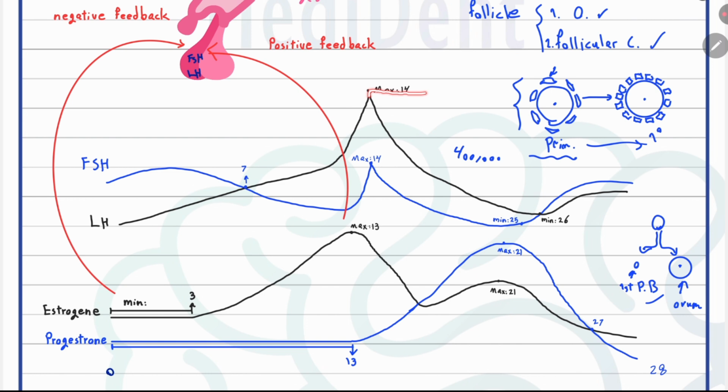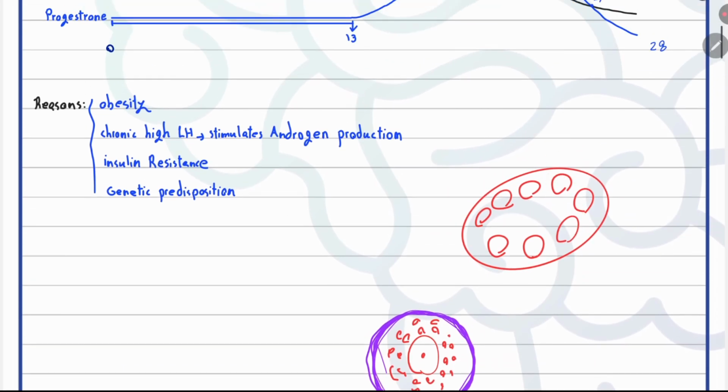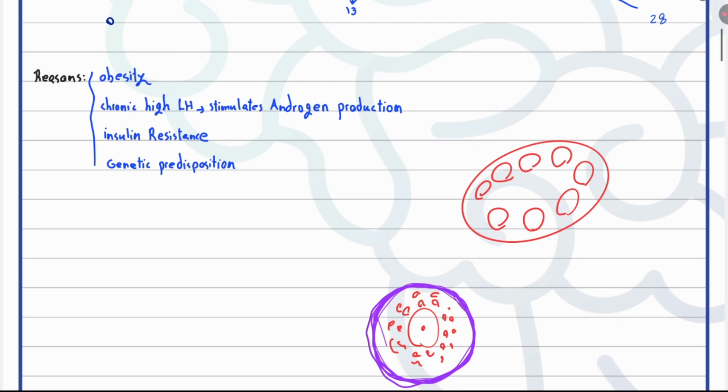We only have a high concentration of luteinizing hormone, but we don't have fluctuation. Fluctuation doesn't take place in this situation. So that's why ovulation doesn't take place, and we can see multiple follicles in the ovaries that have no tendency to ovulate.